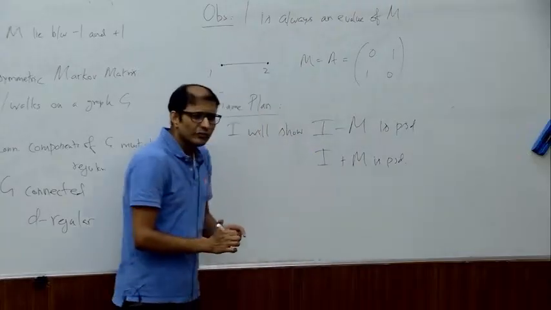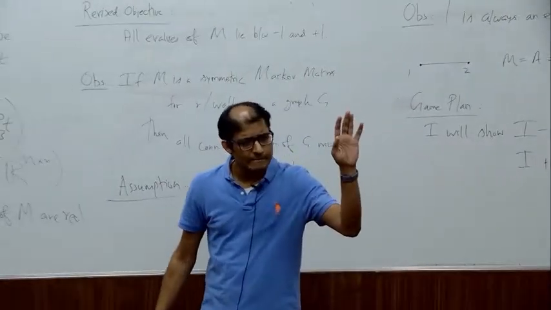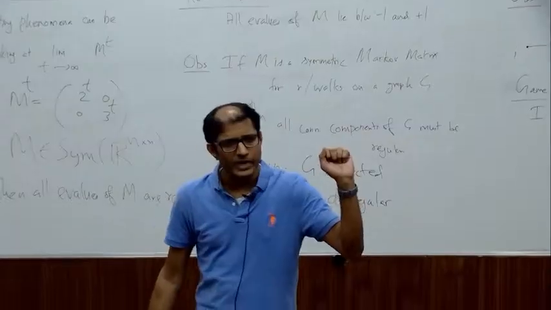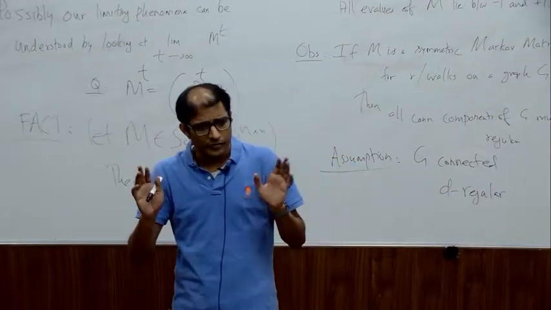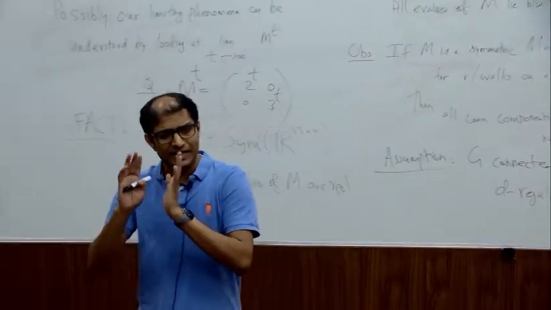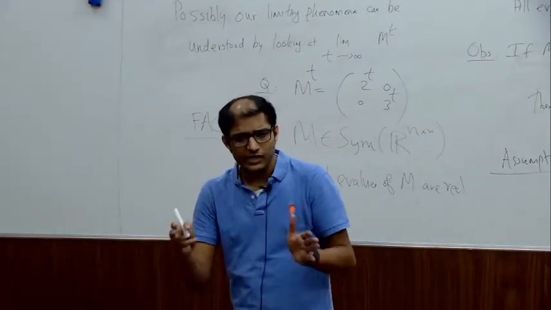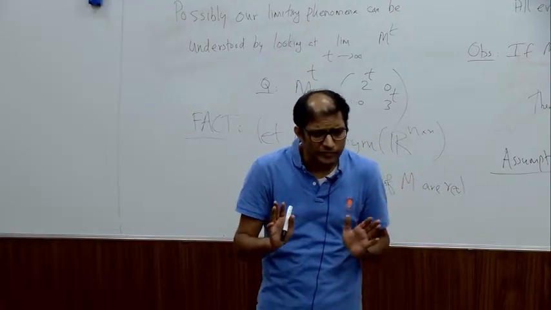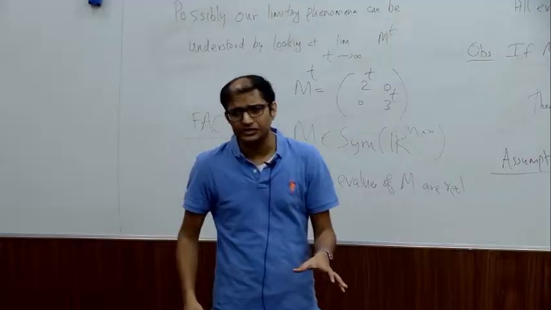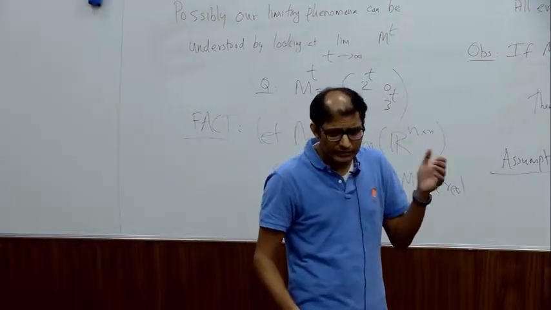By the way, how many of you know what PSD matrices are? Okay. There are those of you who do not know what PSD matrices are, so I'll remind you. PSD matrices are symmetric matrices, all of whose eigenvalues are greater than or equal to 0. All of whose eigenvalues are non-negative. There are several equivalent characterizations. Unfortunately, I cannot run through all of them.